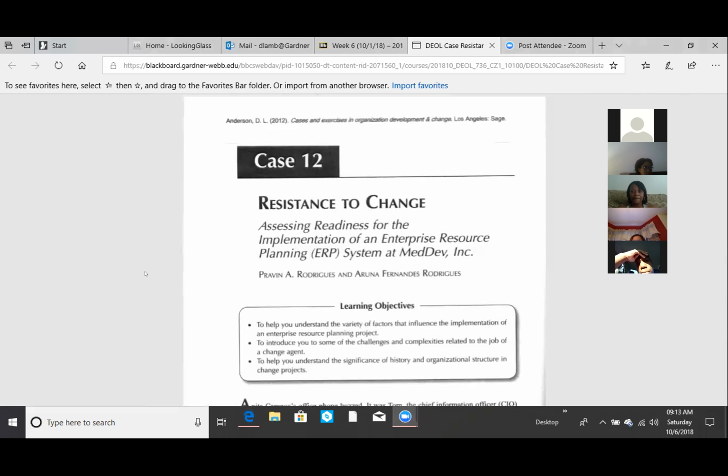Dr. Lamb, have you given me access to my screen? There should be a little pop-up box that says claim host. Can you see my screen? No, we can still see Dr. Lamb's screen.